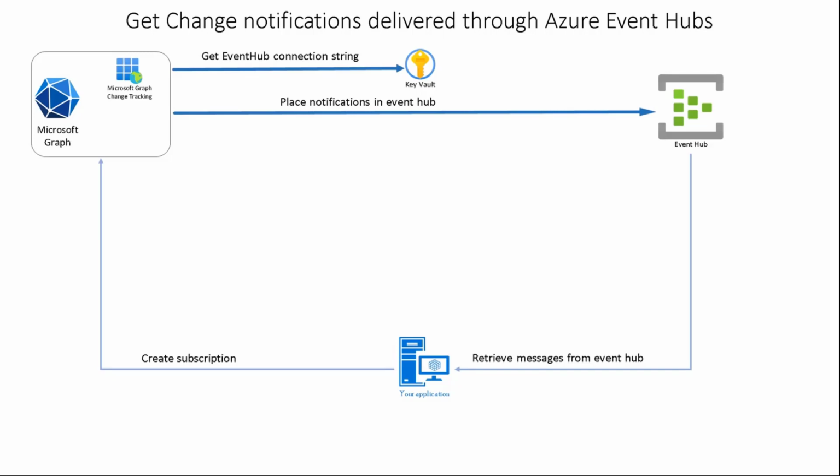And what happens in these cases is that the notifications start dropping. In this case, if instead of creating a subscription with your own web URL or your own web API, you redirect all the messages to Event Hub, then if there are huge changes in the frequency and quantity of notifications, your applications will still be able to process those.